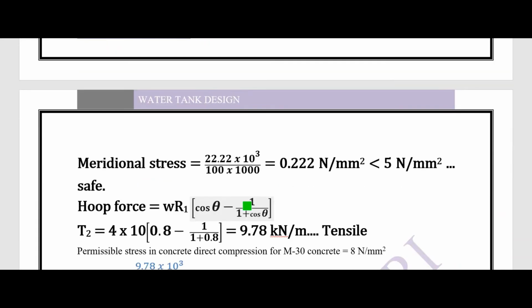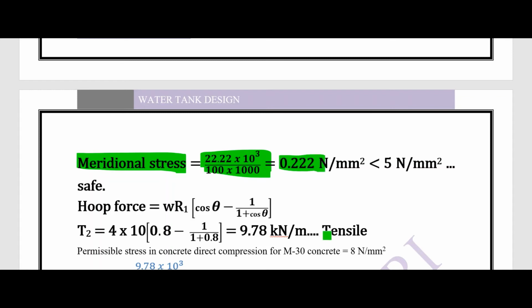Then the meridional stress is T divided by the area, which is 0.22 Newton per mm square, which is less than 5. So our design is safe. Our thickness of dome is safe.